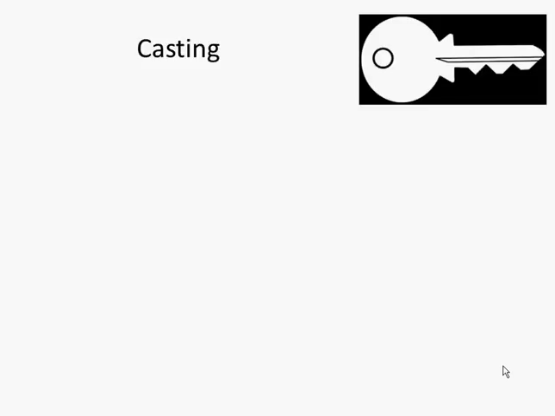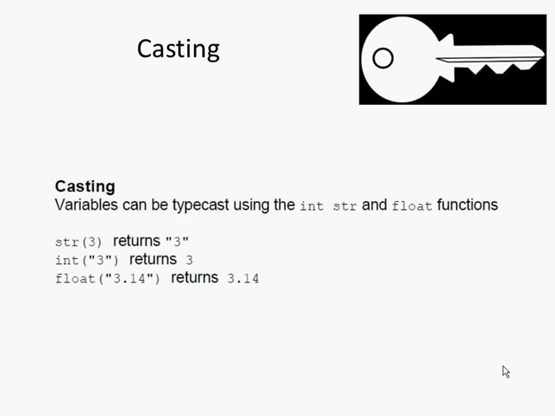One very key thing that you'll need to know about is something called casting, and this appears in the exam board pseudocode guide. Casting basically means being able to transform one type of data into another. So if we had a number data type such as an integer and it stored 3, we could convert it into a piece of text, a string, by using the command str(3), and we could then convert the string value back into an integer again with the int command.